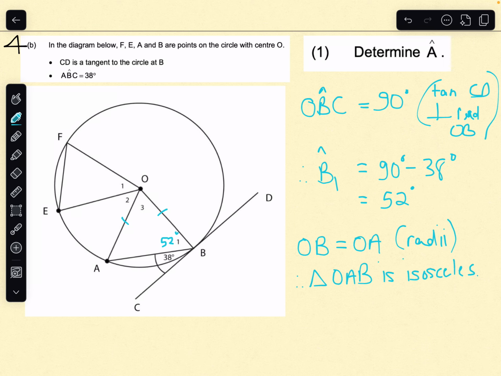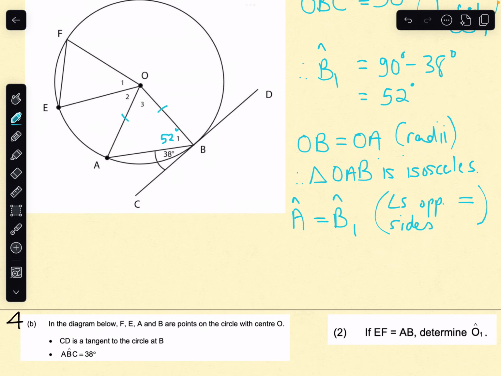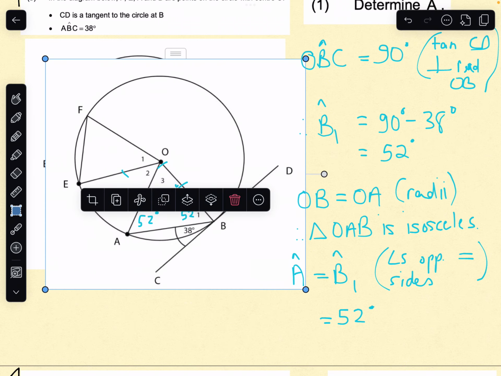And so then angle A is equal to angle B1 because base angles, well, I think the more official reason now is angles opposite equal sides. And so therefore it is equal to 52 degrees, which I will also just go ahead and scribble over there. Right, forward we go.